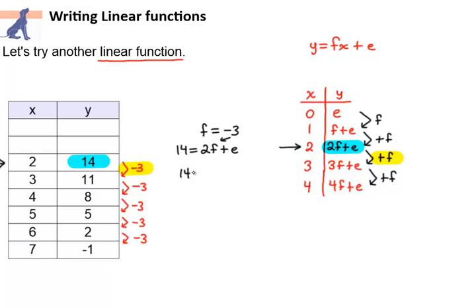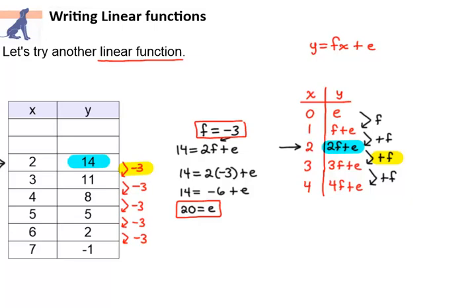So 14 is equal to 2 times negative 3 plus e. So 14 is equal to negative 6 plus e. Add 6. 20 is equal to e. So we have f is equal to negative 3 and e is equal to 20.